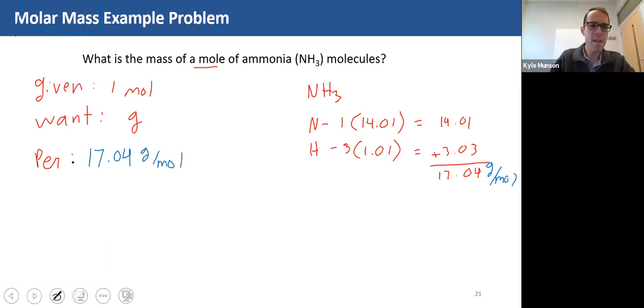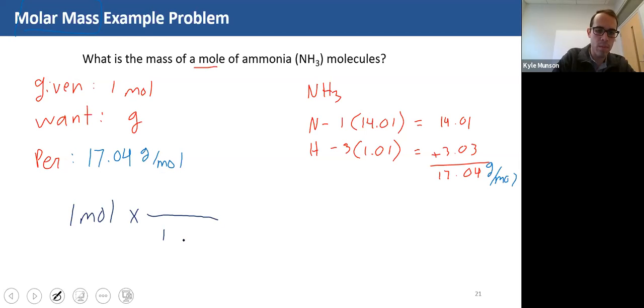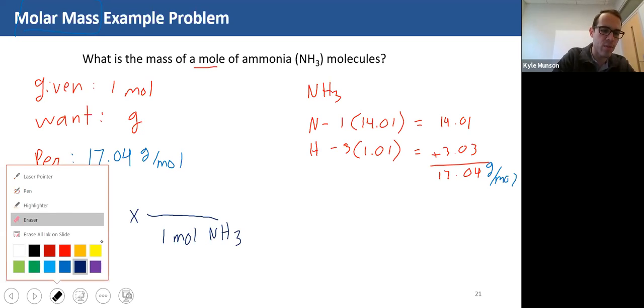So let's write out this equation. You could probably do this one in your head, but I just want to show it so that we're all clear on what we're going to do later. So 1 mole times 1 mole NH3. And I should actually write that here. This is not just 1 mole, it is 1 mole of NH3.